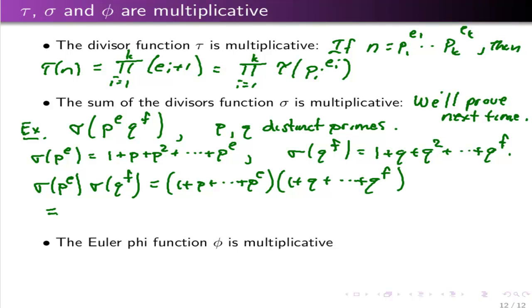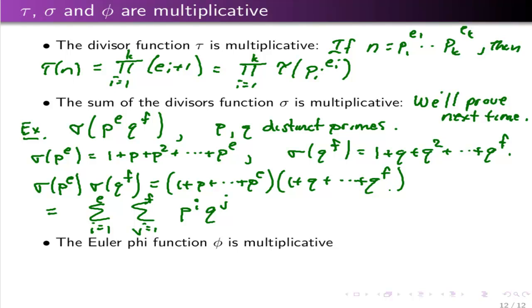And when we use the distributive property and gather together all of these terms, the typical term in this product, you'll take one of these guys where i is going from 1 to e, and you'll take one of these guys where j is going from 1 to f, and it'd be a p to the ith power times a q to the jth power. So this is what a typical term in that product looks like.